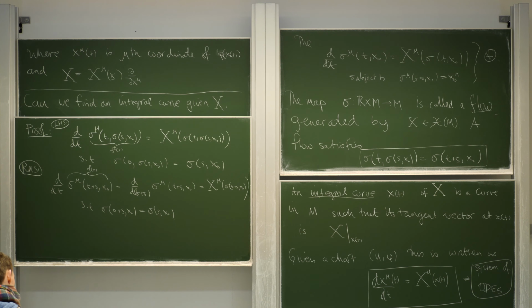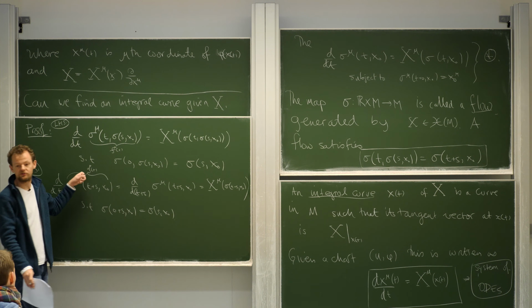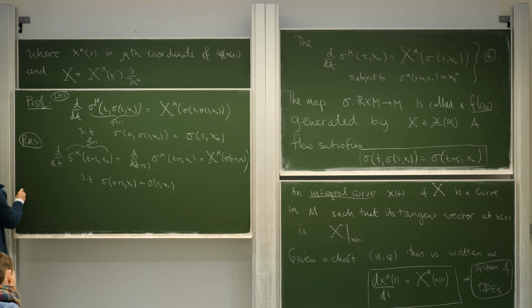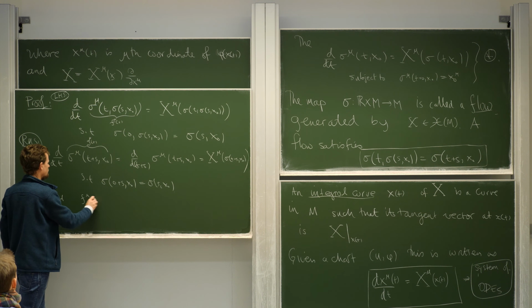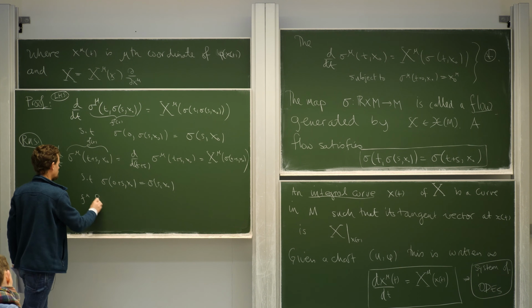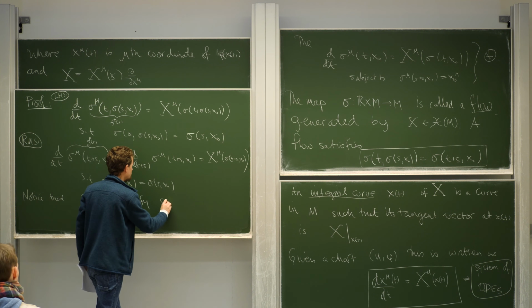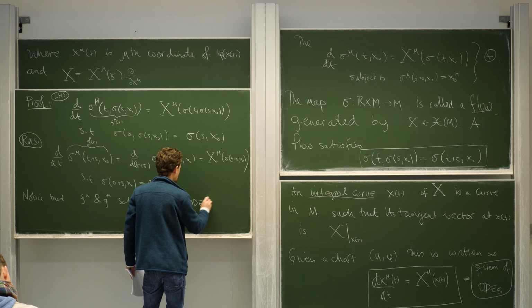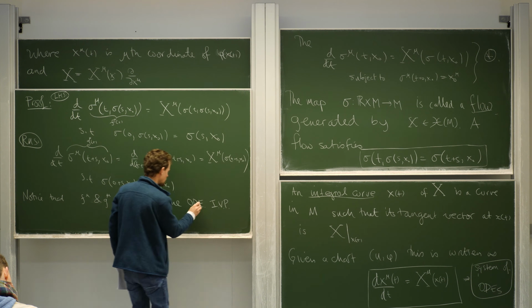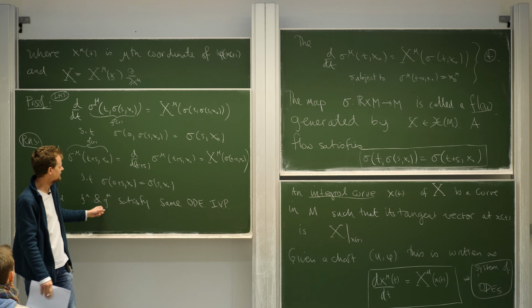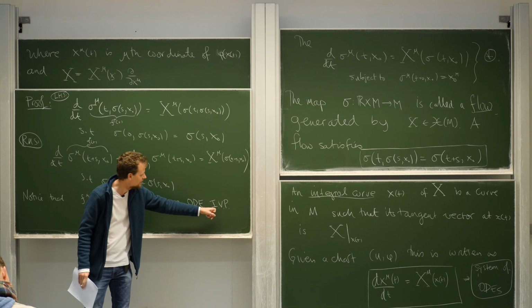Then what we want to do now is show that f of mu equals g of mu. And just notice the strikingly simple fact that f of mu and g of mu satisfy the same ordinary differential equation initial value problem.